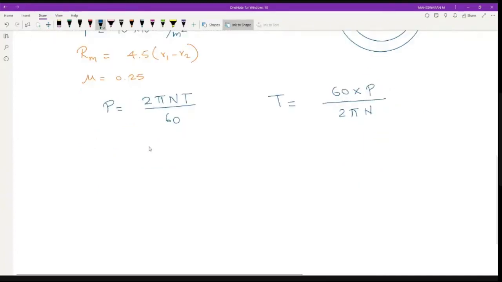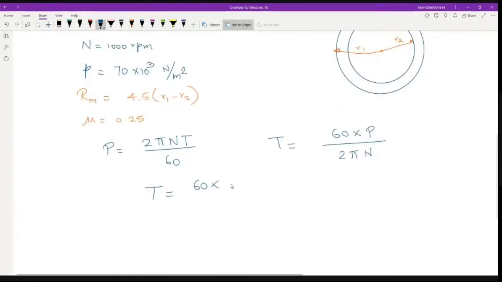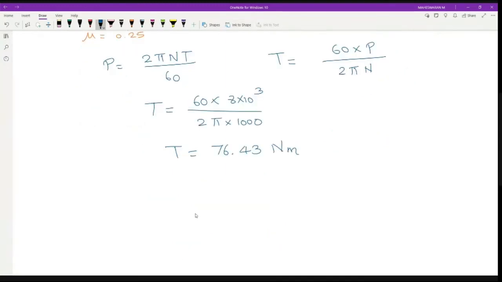So torque is equal to 60 into 8 into 10 power 3 divided by 2 pi into 1000. The torque is 76.43 Newton meter.